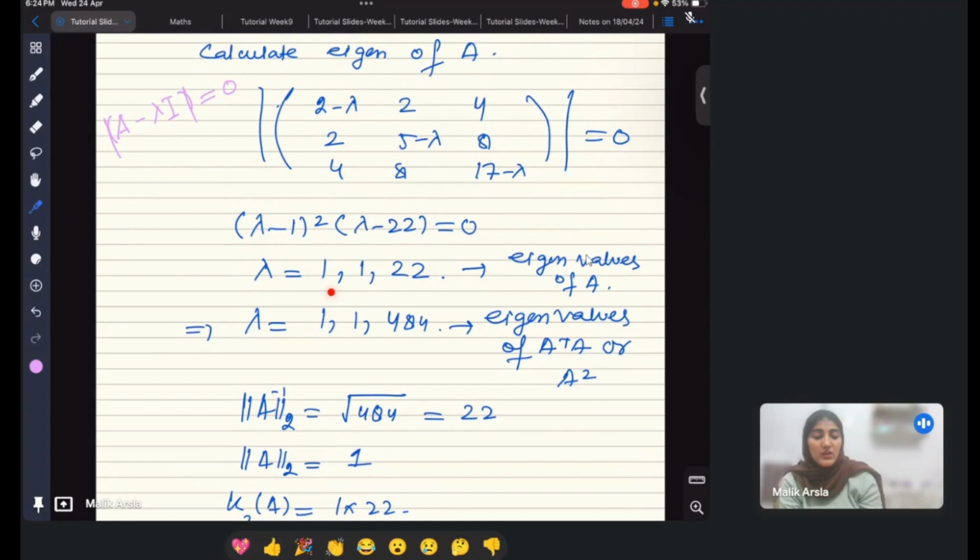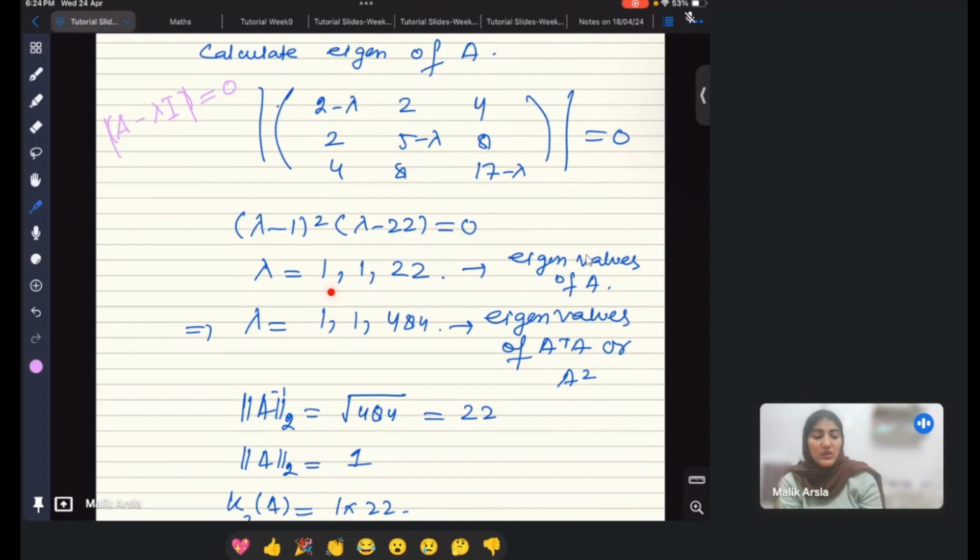So the condition number of A. Now we know that the condition number K2 of A, apart from writing it as the 2 norm of A into the norm of A inverse, is equal to the square root of the maximum of the eigenvalues of A transpose A. Here I have not written it, but if we are taking the eigenvalues of A, then we have to write lambda max upon lambda min.